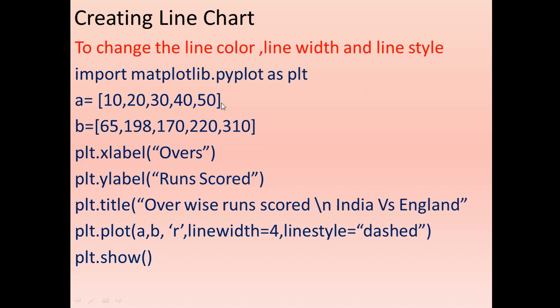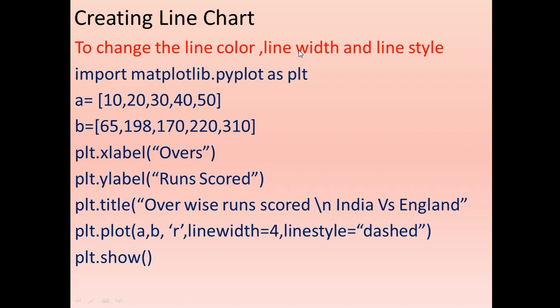Just see the coding. In the same way, import matplotlib.pyplot as plt, and then you have written the a value and the b value, the same values I have taken; xlabel, ylabel, and title will be the same. The lines which I have added new over here are about the line color, line width, and line style.